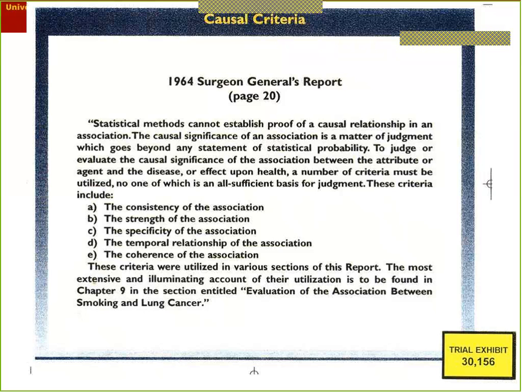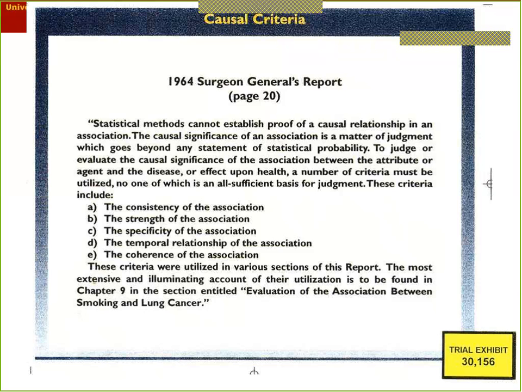And if you go back and read the literature of the 50s and into the 60s, there was a great deal of discussion of how to approach this problem, and particularly how to deal with observational data as opposed to experimental data.